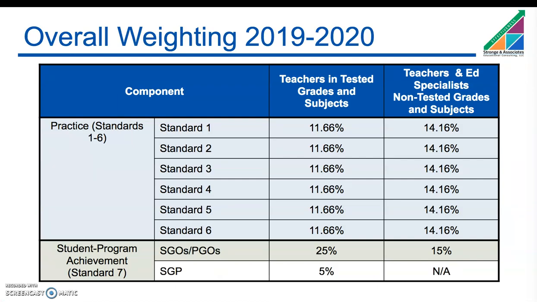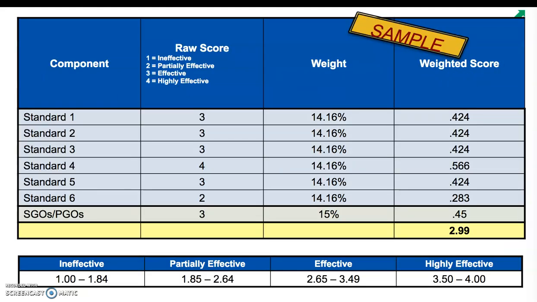This shows the weights related to each standard, and this shows how the composite score during the summative is actually calculated. So taking into consideration teacher practice and the SGO score, a composite score is generated.